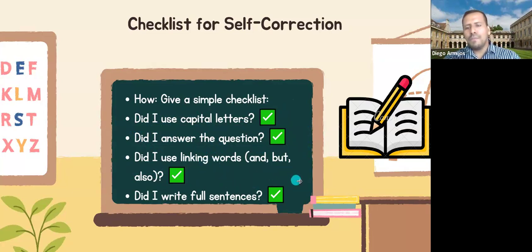Did I write full sentences? Or you can expand this checklist depending on the students' level, but I think this activity is for an A2 level, okay? So this is a good way to check, self-correction. Or maybe they can read the checklist and correct by themselves, as it says here, self-correction.